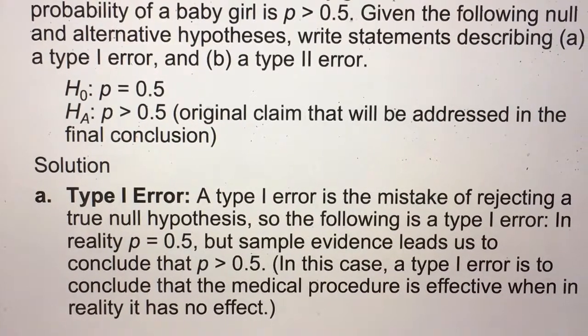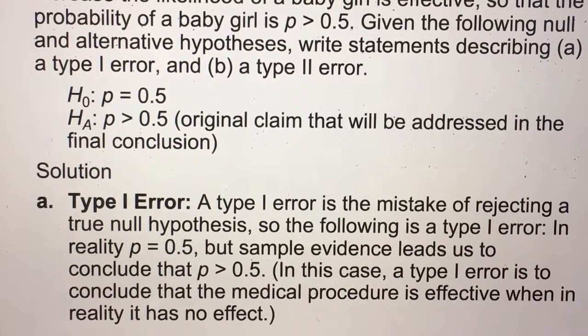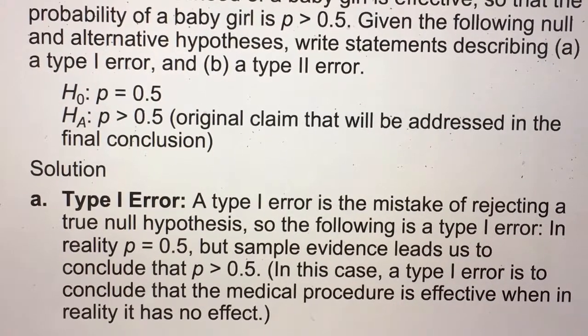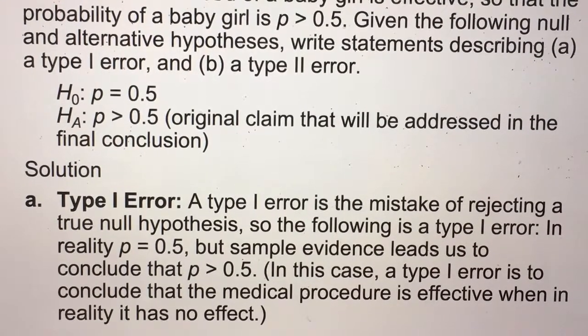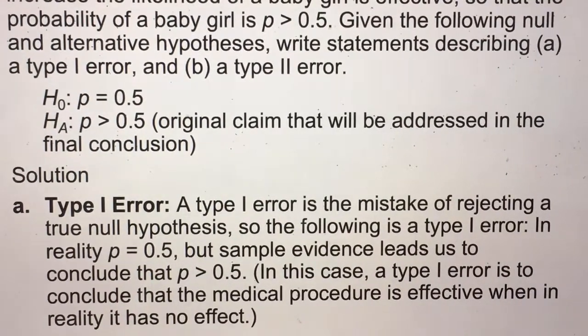So not horrible, but still you're misinformed. A type 1 error would be thinking that there was some change due to the medication or procedure, but indeed it had no effect at all.